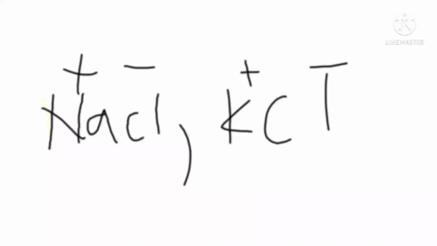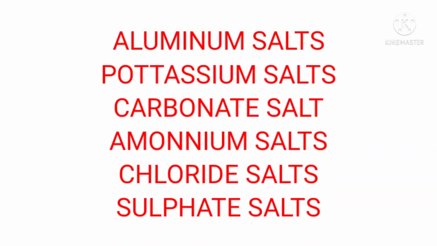NaCl and potassium chloride belong to the same family of salts called chloride salts, because they both contain the same negatively charged ion, that is the chloride ion. Some important families of salts are sodium salts, calcium salts, magnesium salts, potassium salts, aluminum salts, copper salts, acetate salts, carbonate salts, etc.